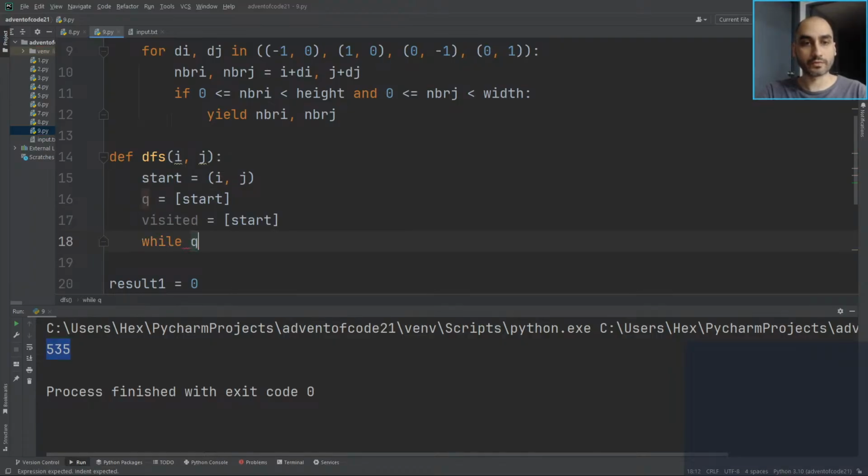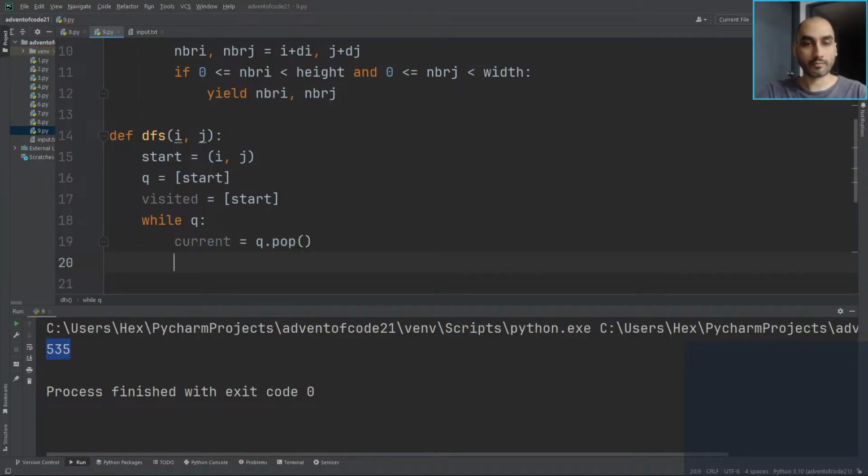While queue, so we just take stuff off the queue. Queue pop.